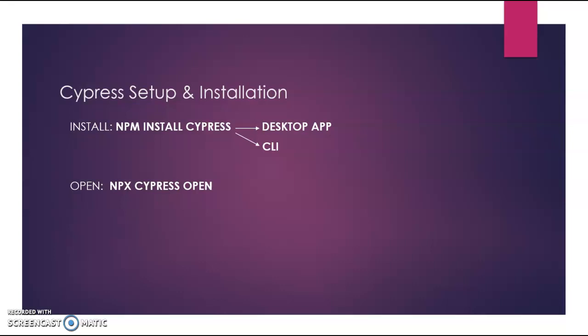Once you run it, you get two things, a desktop app or GUI and a command line. So how do we open it? Once you run this command, npx cypress open, a Cypress folder is created with subfolders, so you can configure and modify the behavior of Cypress.